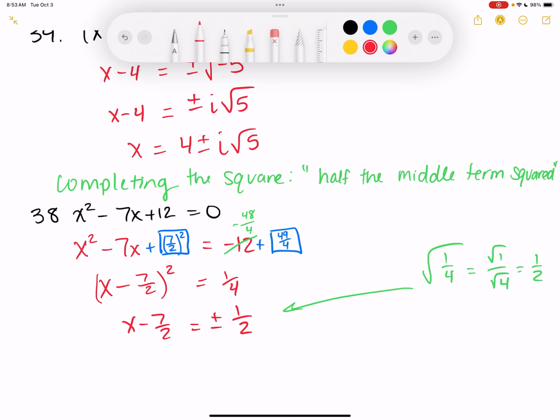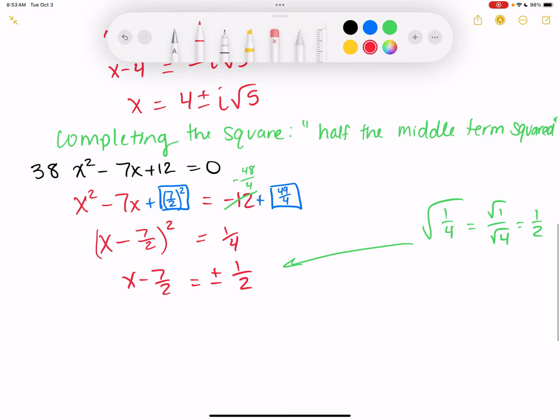So then I just need to add this 7 over 2 over. I'm going to split this because now that I have an actual number here and not something left under the radical, I need to get the two answers. So I'm going to have x minus 7 over 2 is equal to 1/2, or x minus 7 over 2 is equal to negative 1/2.